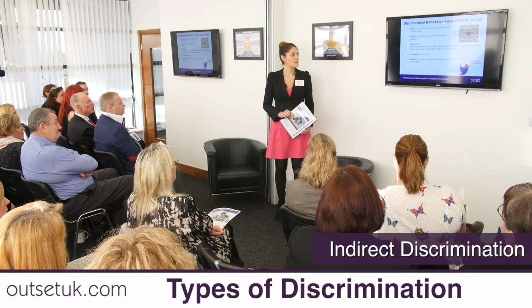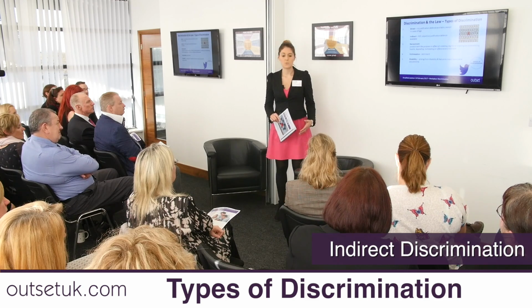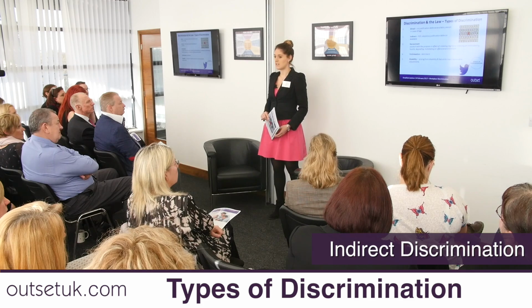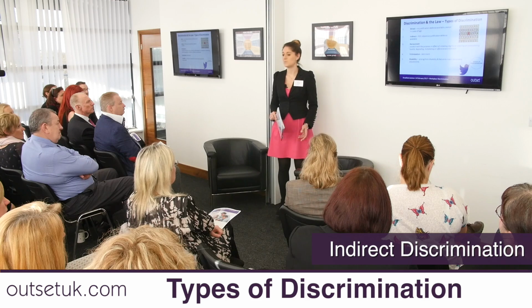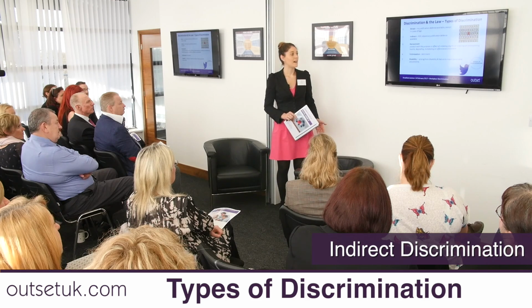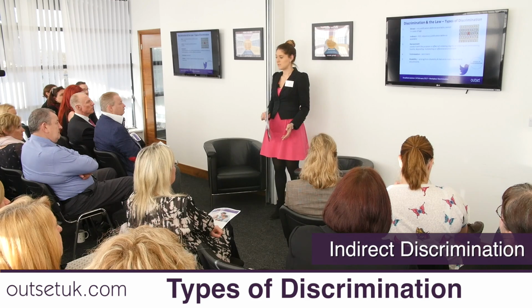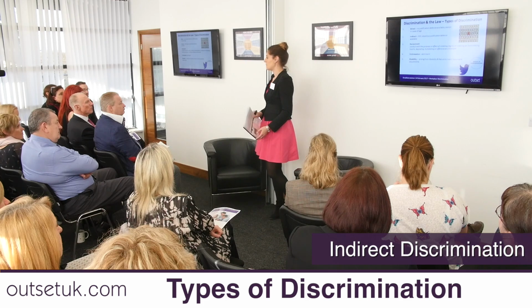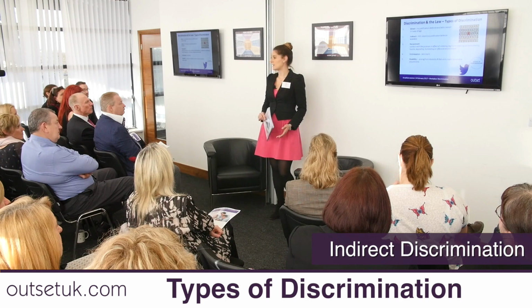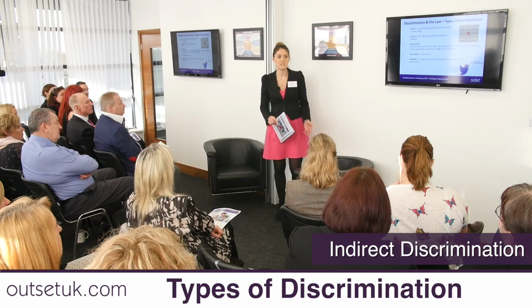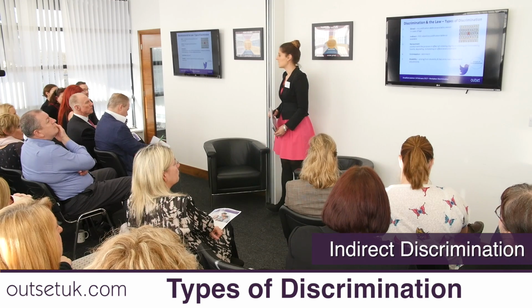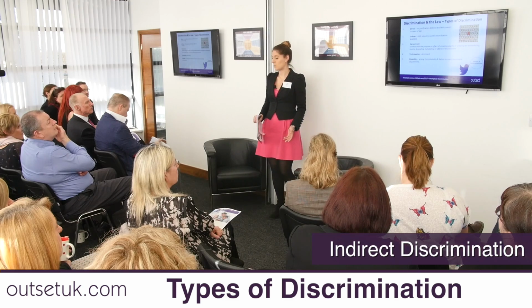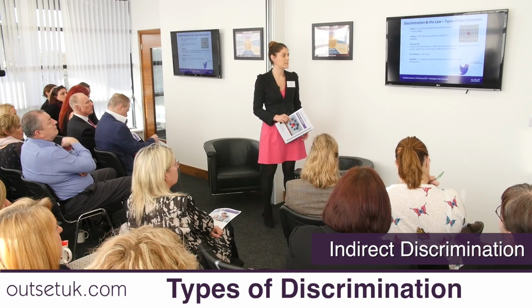So whilst the starting position was that the practice was indirectly discriminatory, the police said, but we have an objective justification. Our aim in introducing this bonus is to reward police officers who work nights. So night work is particularly onerous and difficult, and it's also a particularly dangerous shift for police to work. So it's our aim to reward police who work nights.